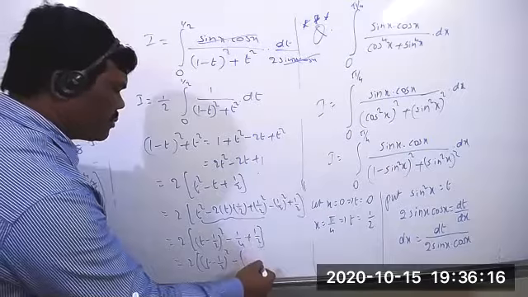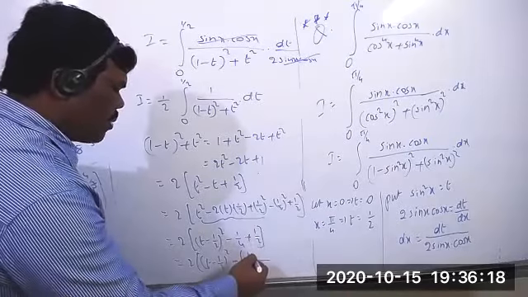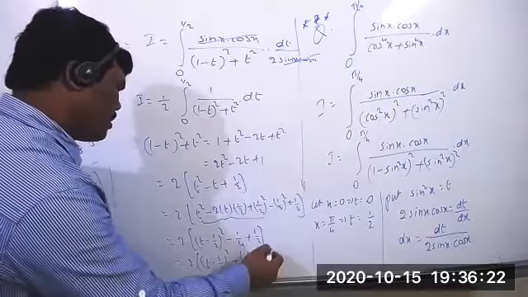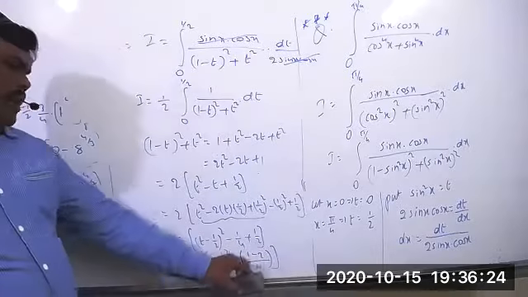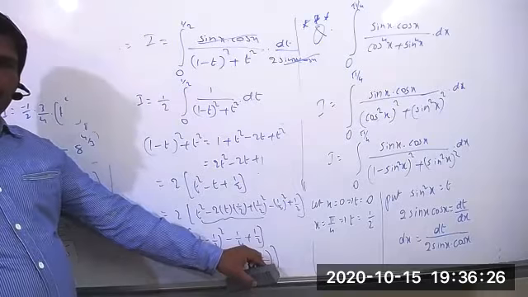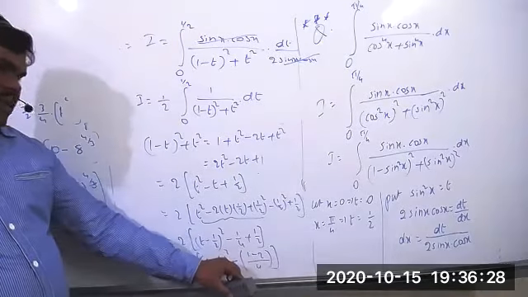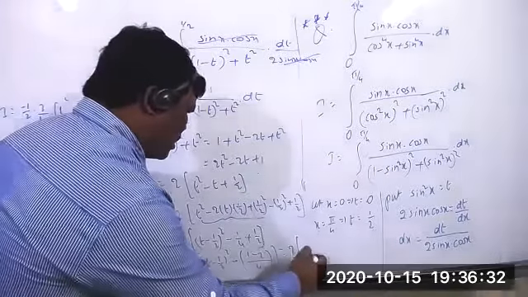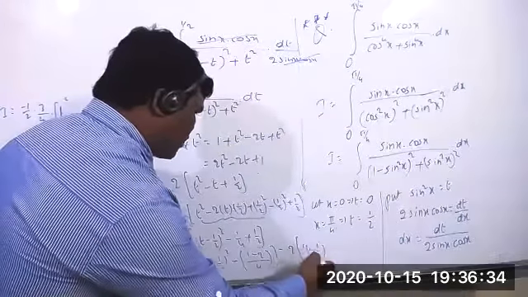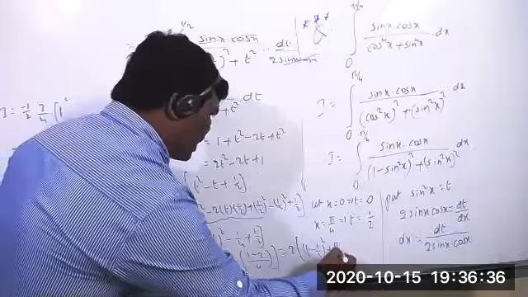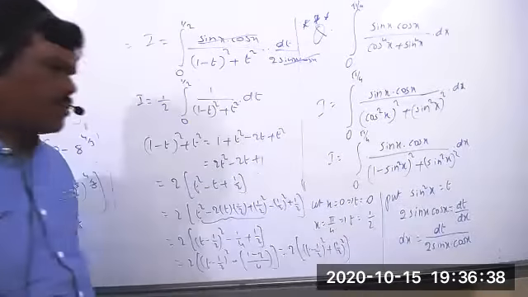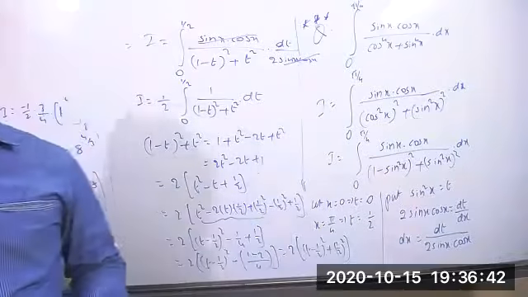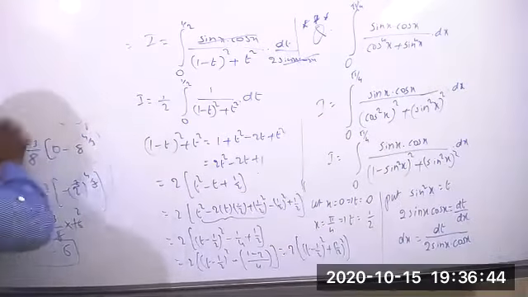So 1 by 4, taking 4 as LCM, 1 minus 2 equals minus 1. So minus minus becomes plus 1. So this value you can write as 2 into t minus 1 by 2 whole square plus 1 by 2 whole square. Now it is in the form of x square plus a square, so that one I can substitute there.